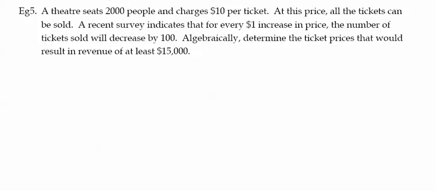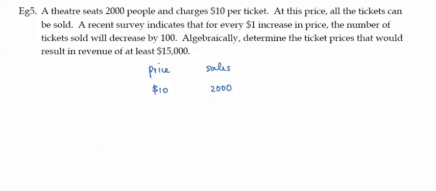Example number 5. A theater seats 2,000 people and it charges $10 per ticket. We have price and we have sales. If each ticket is $10, they will be able to sell 2,000 tickets.